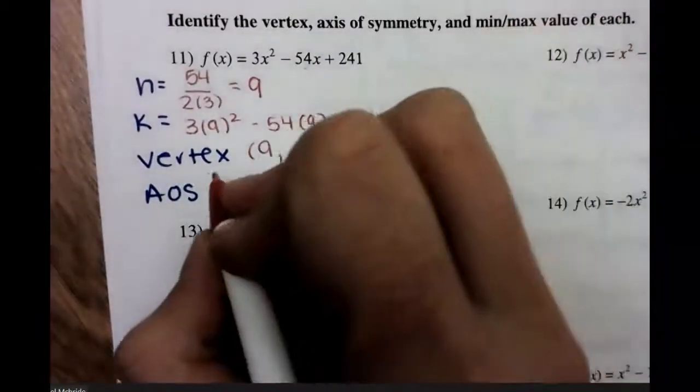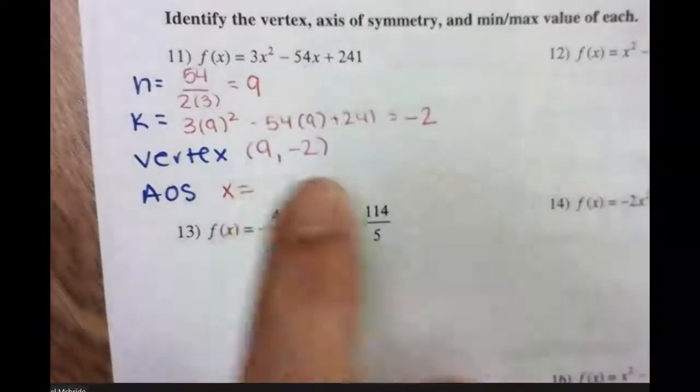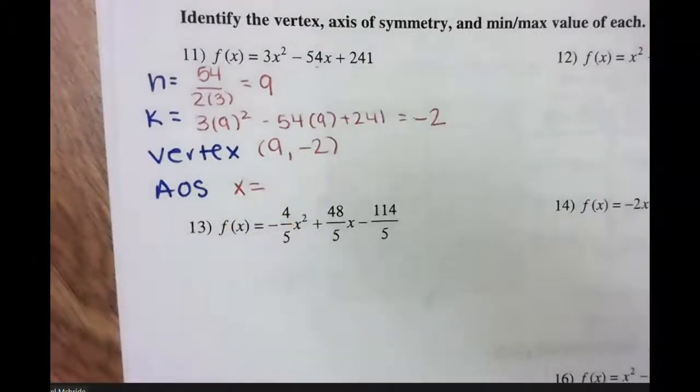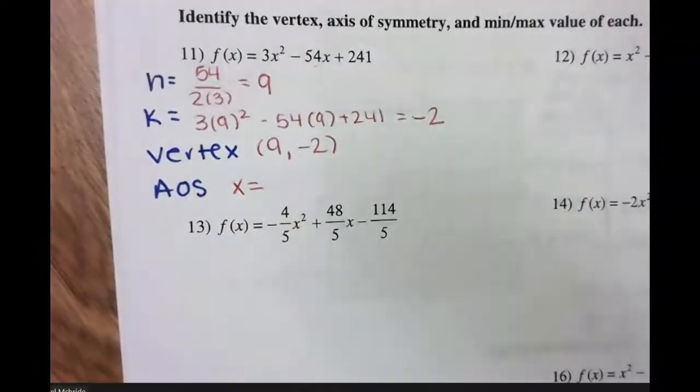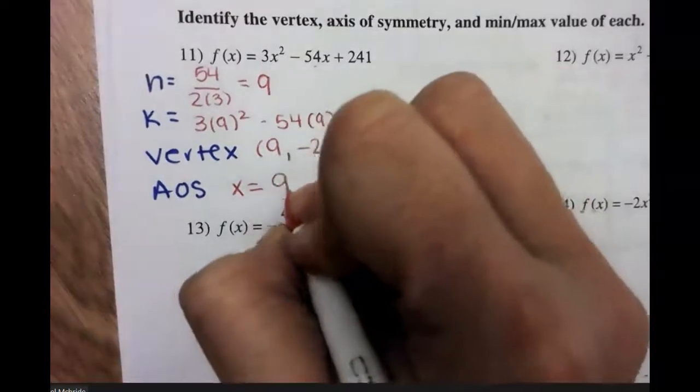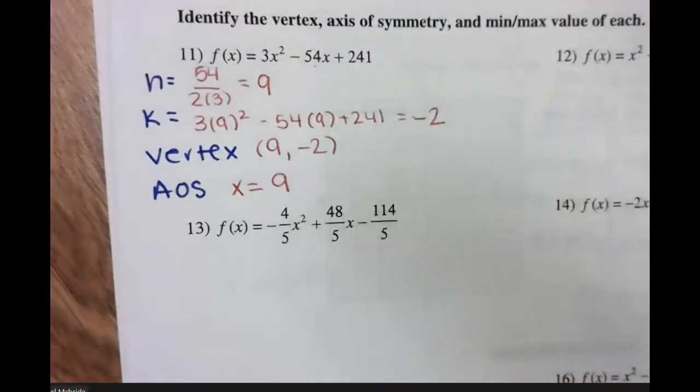My axis of symmetry has to have, because this is 3 points for putting an x equals on your paper that day, I don't care if you write it equal to the wrong number. I am giving you a point for putting x equals because it is an equation of a line. It's x equals h, which in this case is 9.